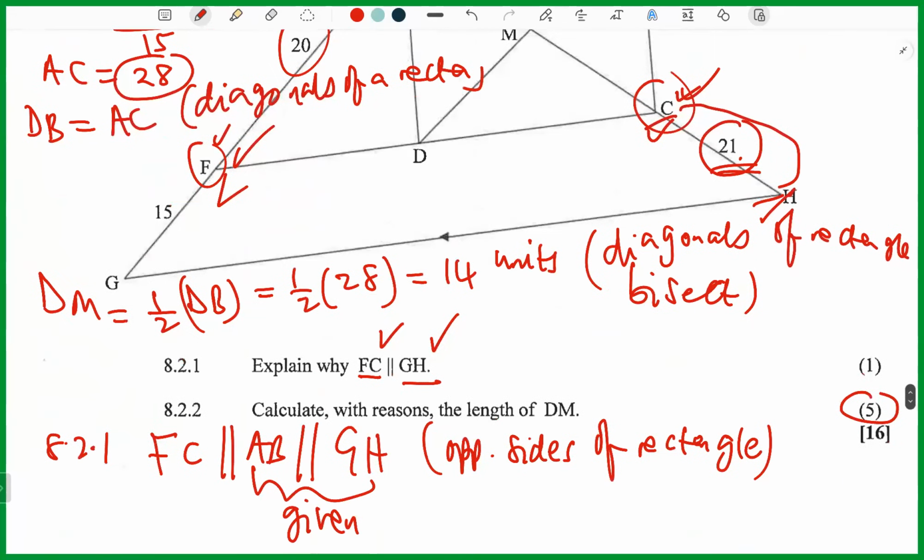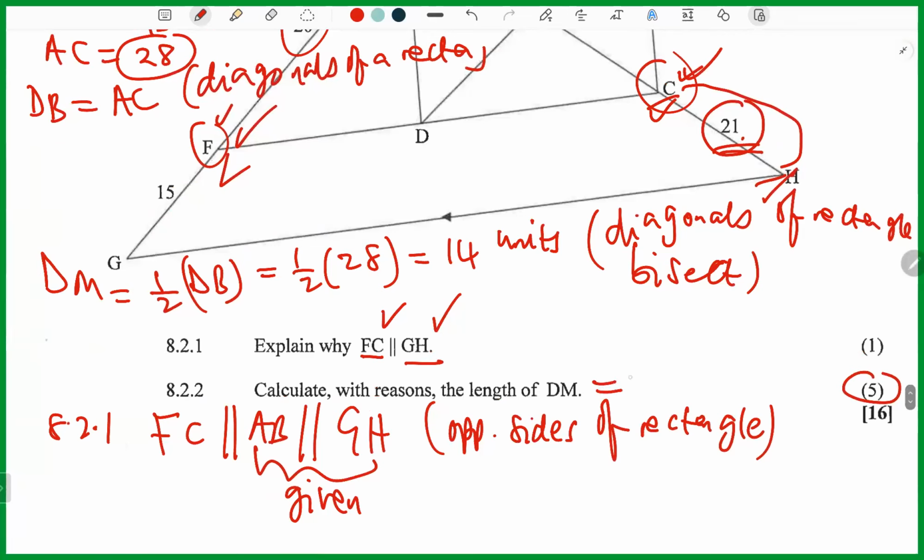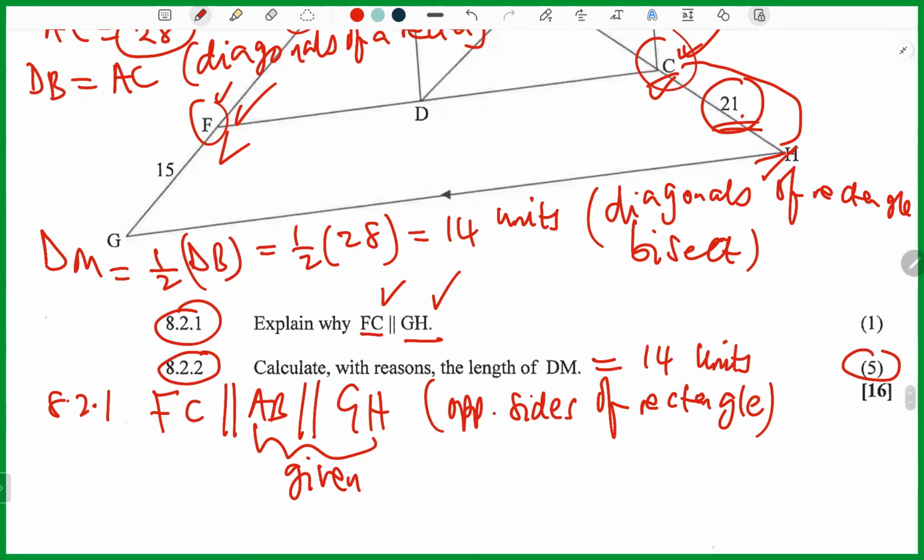Okay, so we found the length of DM to be 14 units. And we're done. Goodness. We're done with these two. We're done. And we're happy.